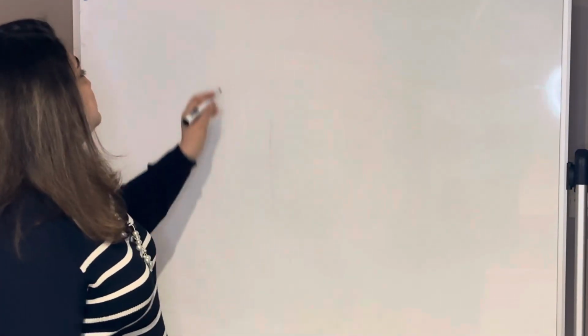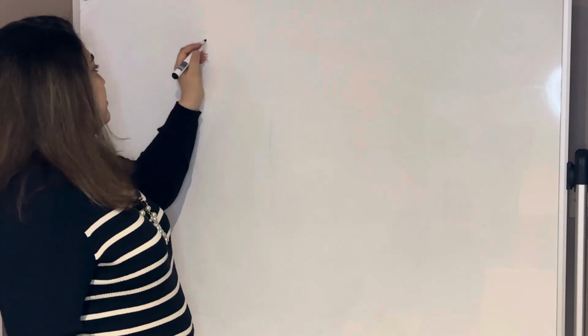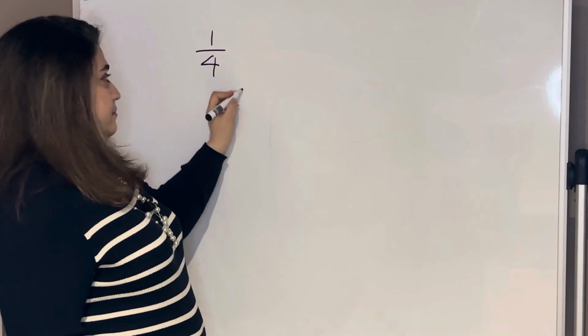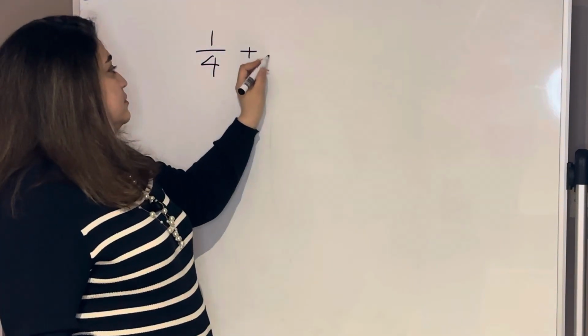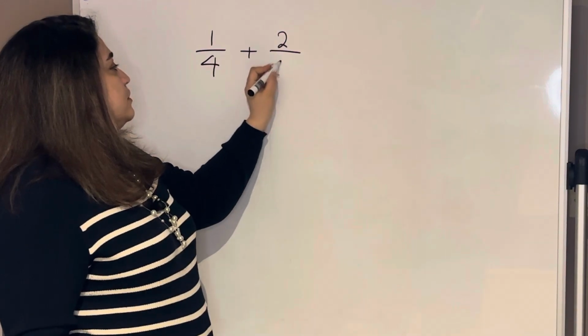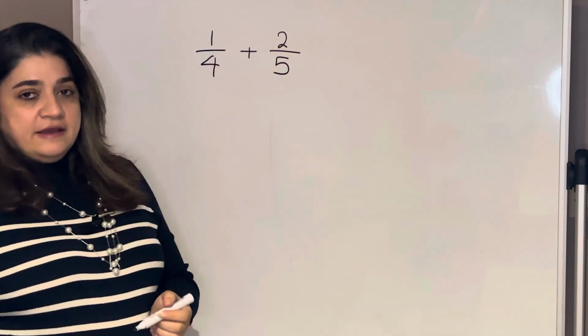So for adding and taking away fractions, you need to make sure the denominators are the same. If the denominators are not the same, you must make them the same. For example, we have a quarter plus 2 fifths.